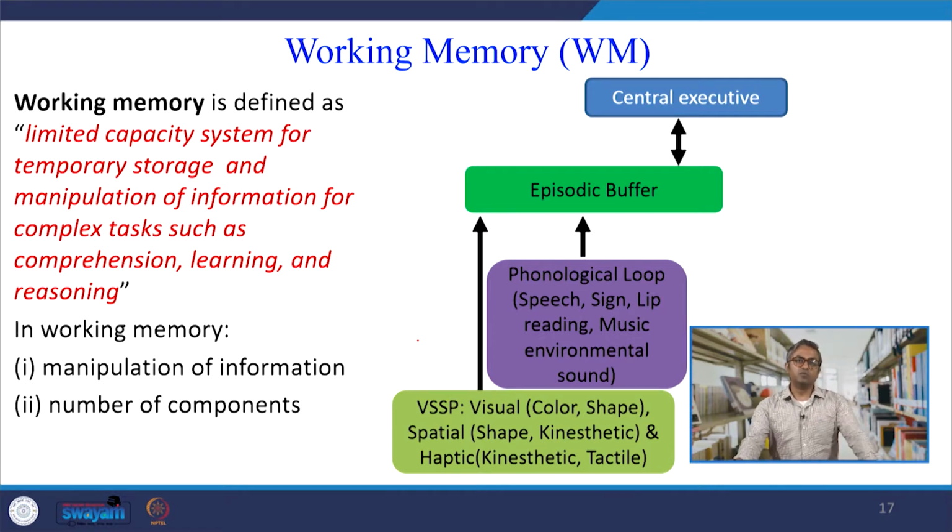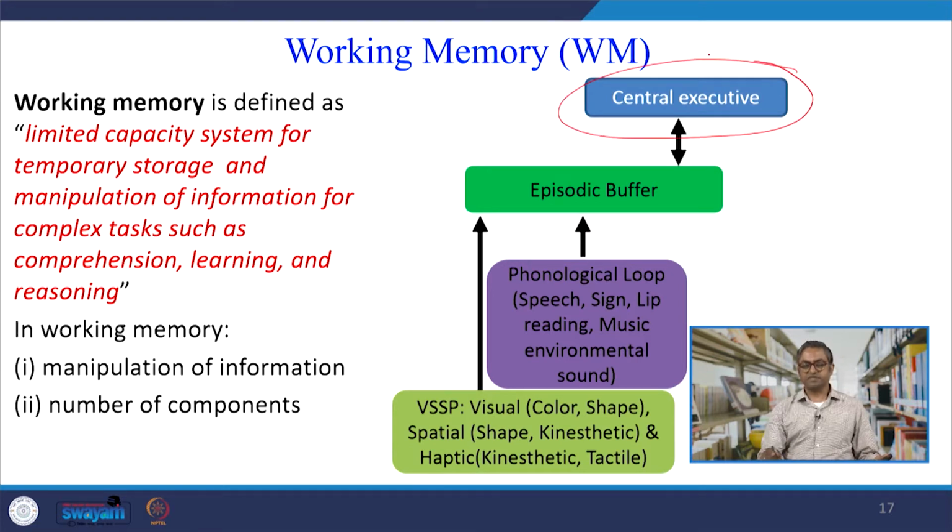Now, this model was proposed by Baddeley and Hitch in 1975. When they proposed this model, it had three components. The first component was the central executive system, the second was the phonological loop, and the third was the visual spatial sketchpad.